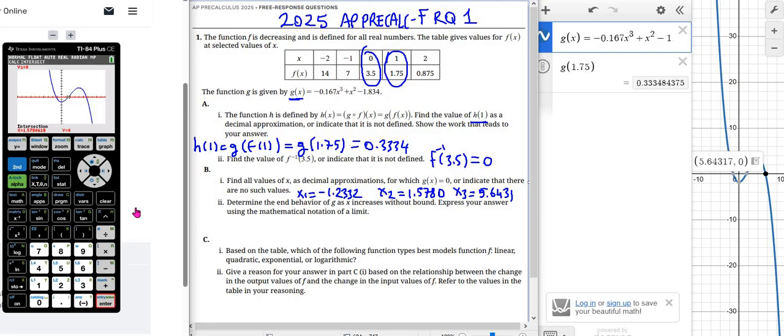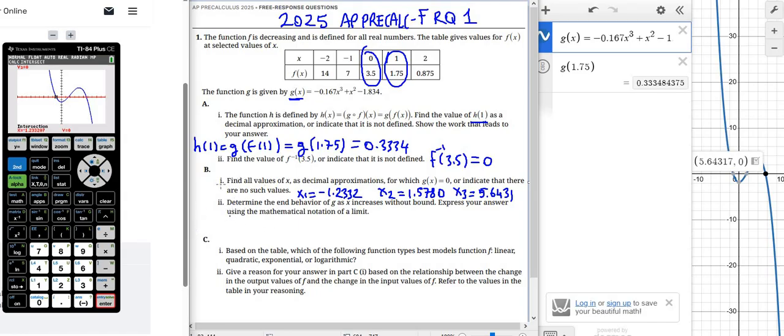And the third x-intercept, again second trace, 5, go very close to the x-intercept you're looking for, and then enter 3 times. 1, 2, 3. You get 1.2332, as we got here, and it's negative.